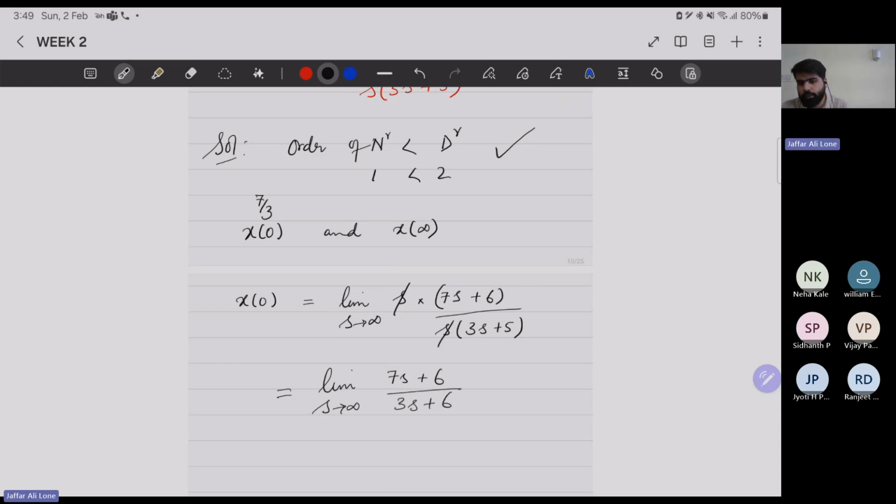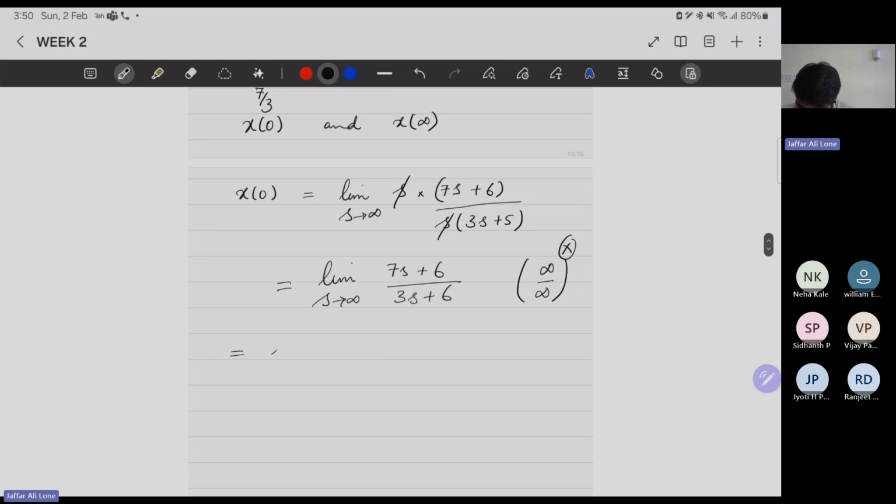Now, if you put infinity, it will be infinity over infinity, which is not desired actually. Now, what you will do, you will solve it or manipulate it like this. Limiting s tends to infinity, we'll take s common. So if we take s common, it will be 7 plus 6 over s divided by 3 plus 5 over s.